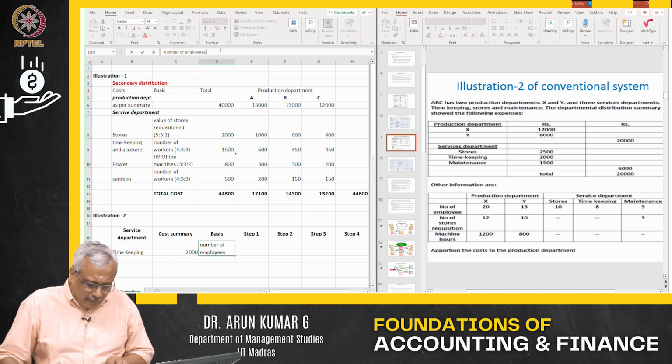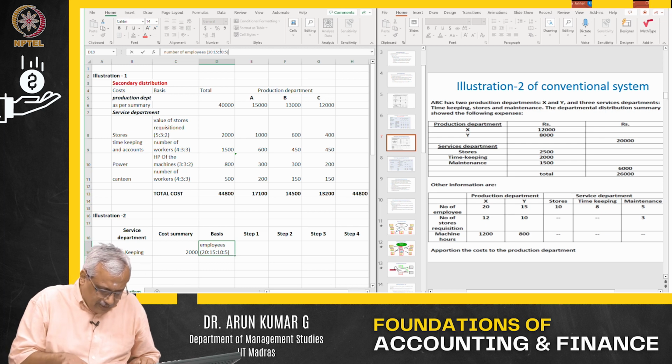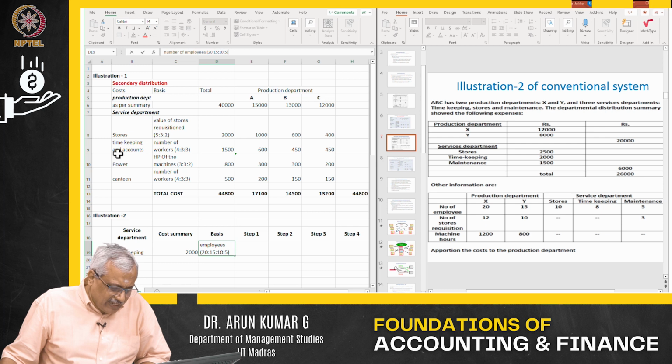The number of employees I am going to have is 20 in the production center, 15 in the next production center, 10 in the store center, and 5 in the maintenance center. Please note, this is what I have: 20 in the production center X, 15 in the production center Y, 10 in the store center and 5 in the maintenance center.